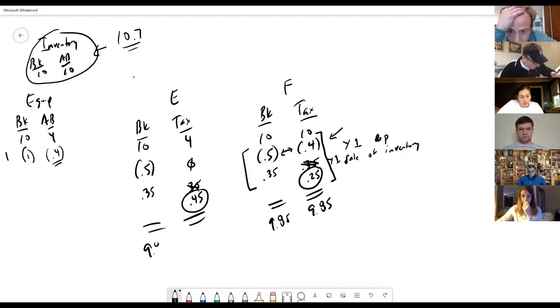So this is 9.85. Okay, so for F, he's going to get 400 of tax depreciation and 250 of ordinary income. E is going to get 450 of ordinary income.